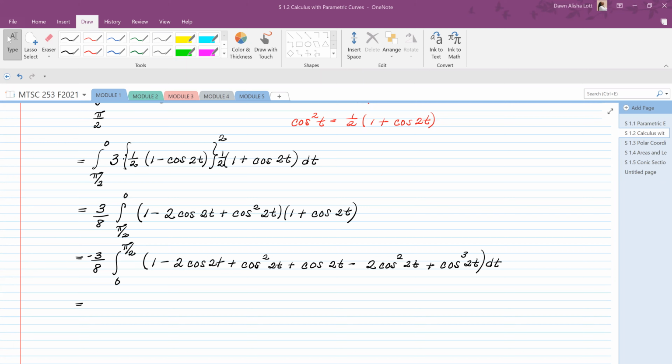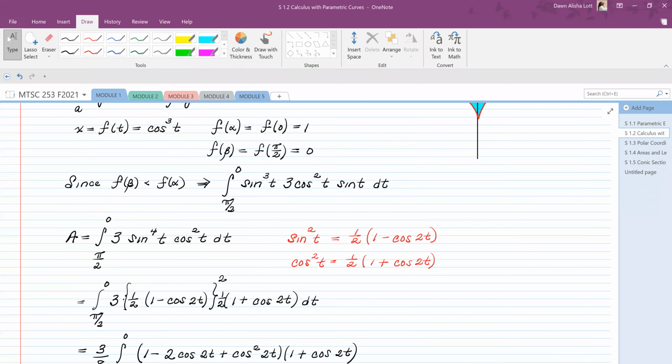So what is the integral? I got to remember. The original integral was minus 3, the integral from 0 to pi over 2.